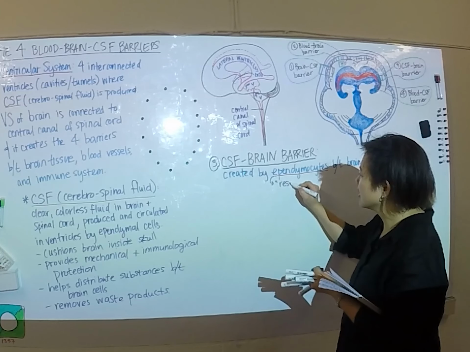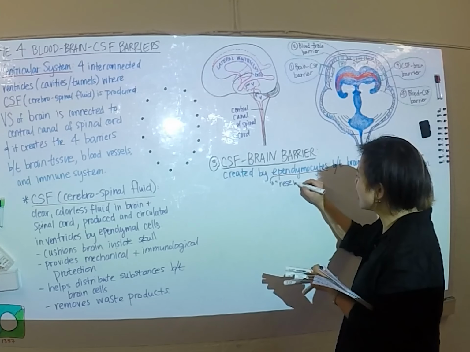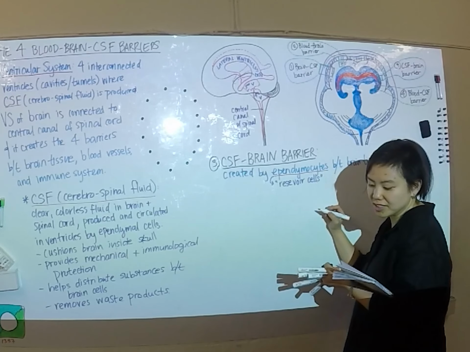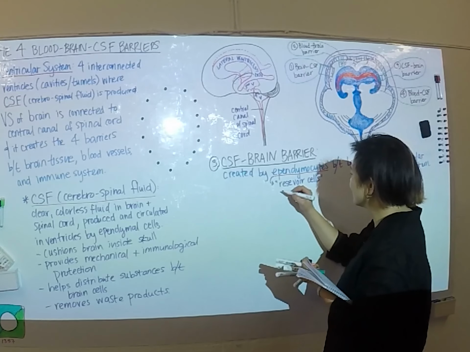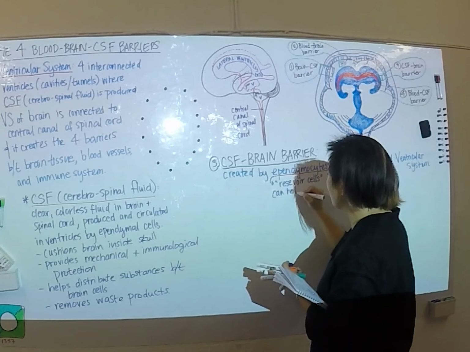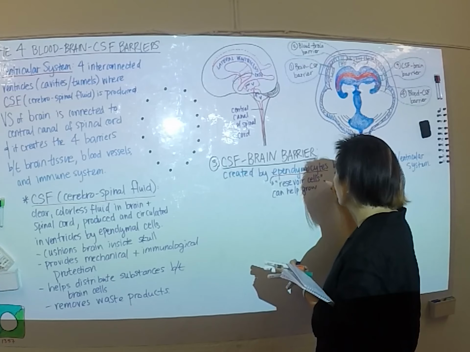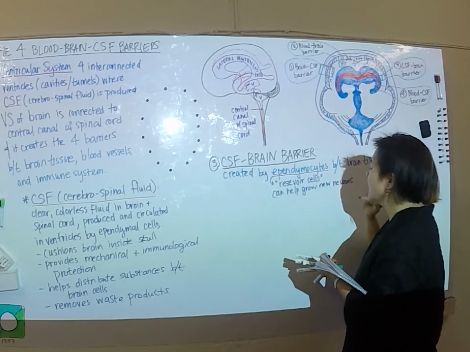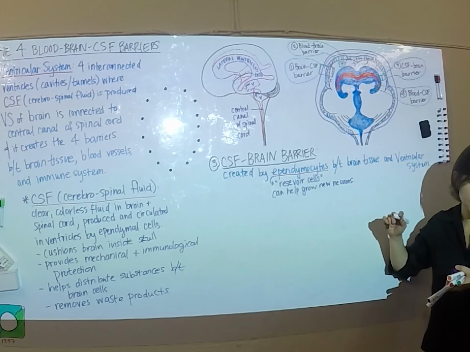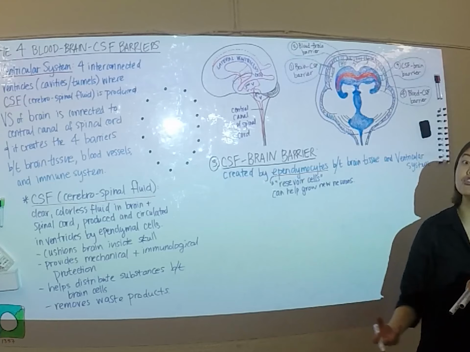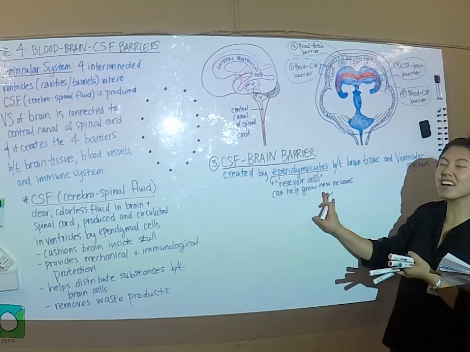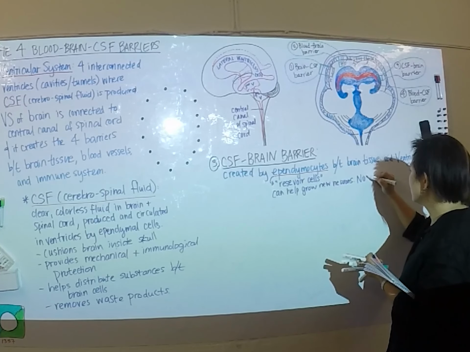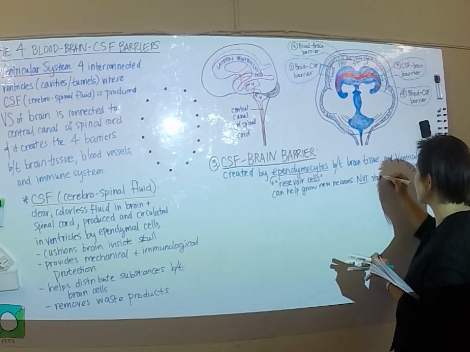Okay, so these can serve as reservoir cells. And what this means is they can help grow new neurons. But they're not quite stem cells because they can't actually renew themselves and they can only make a limited number of new neurons.